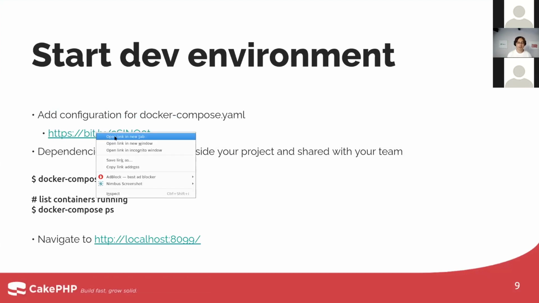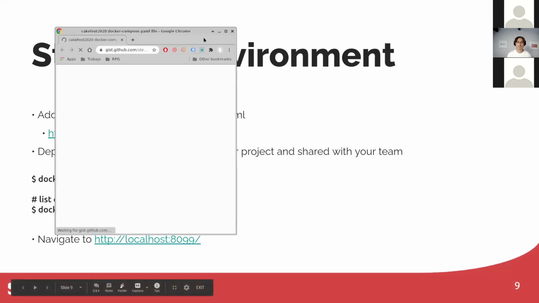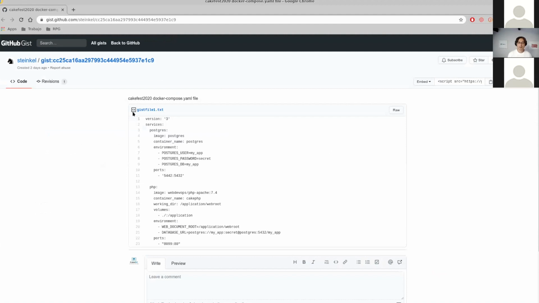If you open it, you will see this is going to be an example development environment that we are going to create. Basically, it's going to have two services, a Postgres service and a PHP service.